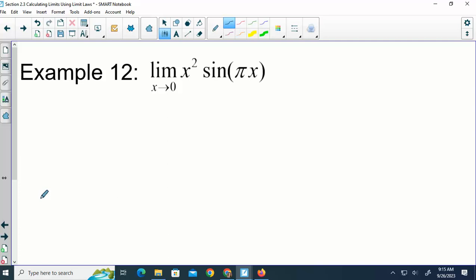The first step has to be something we know for a fact. What is my first step going to be? Sine is between -1 and 1.